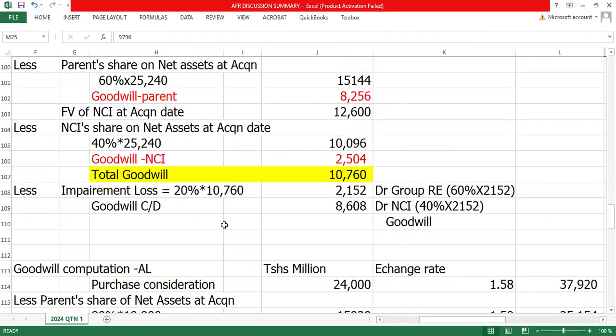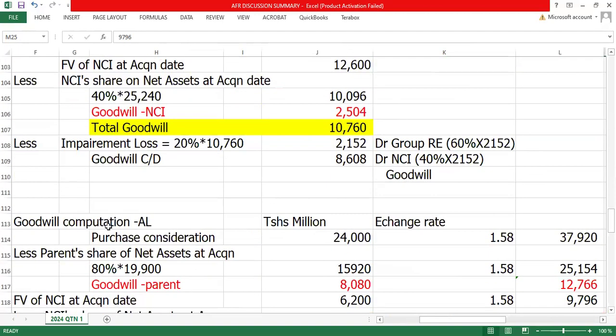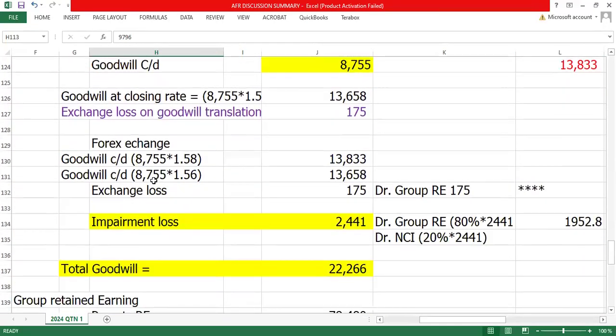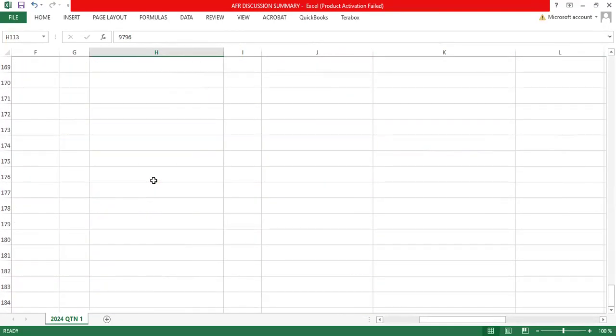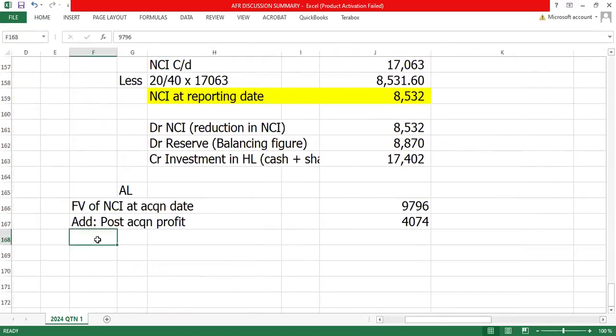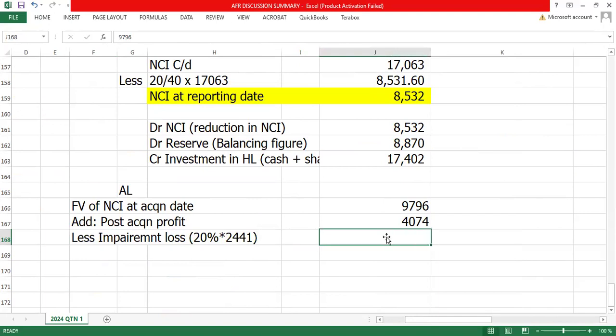You have the impairment, eh? Are you seeing that? So here bring the impairment loss, which is 20% of the impairment. Impairment was 2,441, eh?